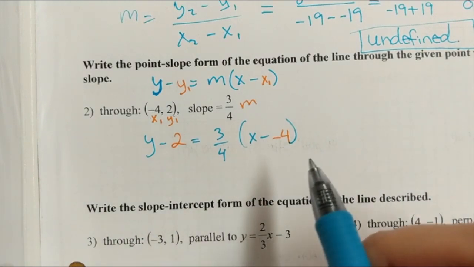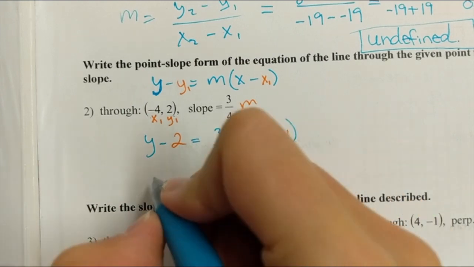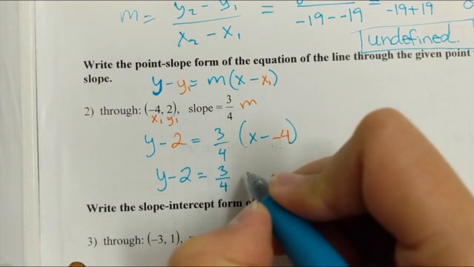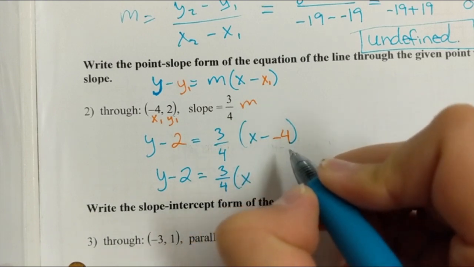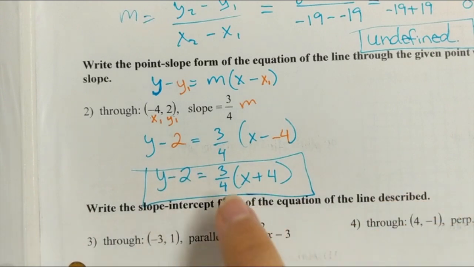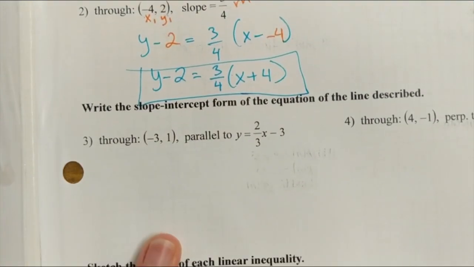So instead, all we have to do now is just clean it up. Y minus 2 is fine, equals 3/4 times x, and then instead of minus and negative, we'll put plus 4. That's it, we're done. It's in point slope. If you distribute it, it's no longer in point slope form, and you're going to get points marked off.